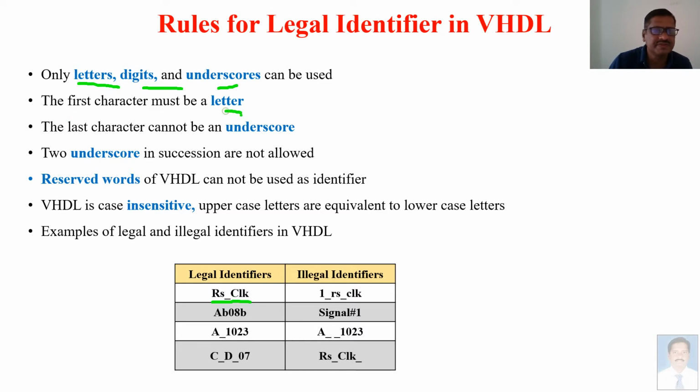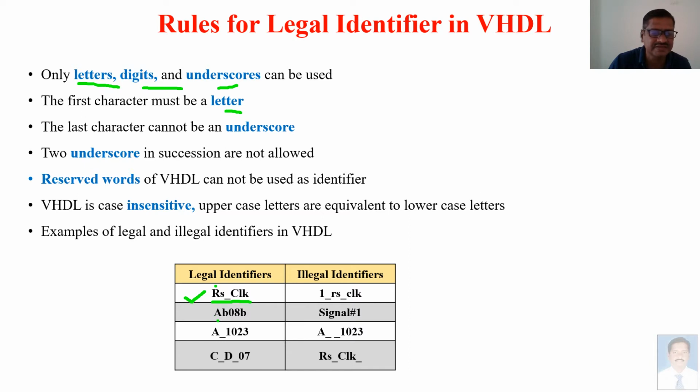The first character must be a letter. Yes, its first character is a letter. The last character should not be an underscore. There is no underscore at the end, that's why it is fine. Two underscores in succession are not allowed. Only one underscore is used, that's why it is okay. We are not using a reserved word. That's why this is a legal identifier.